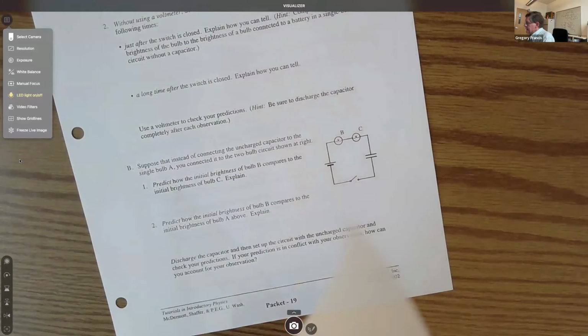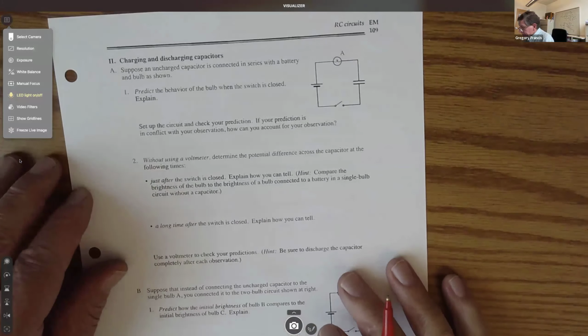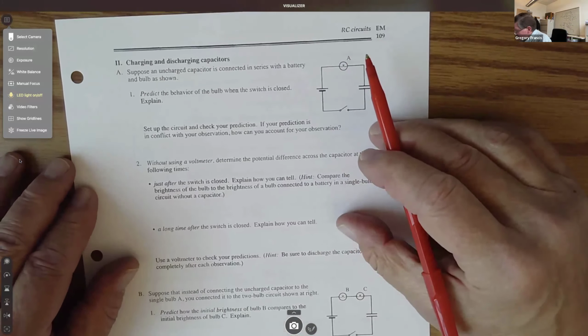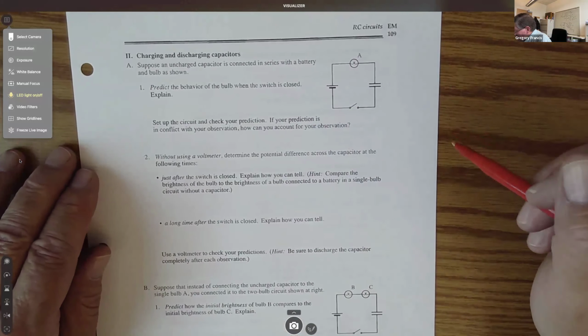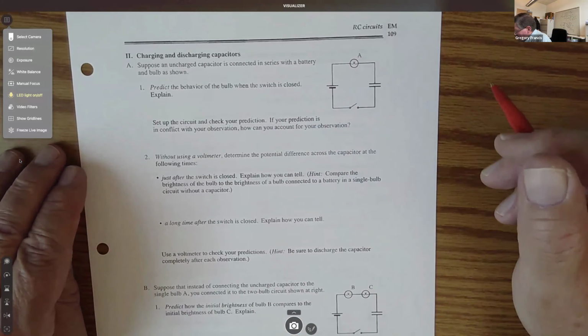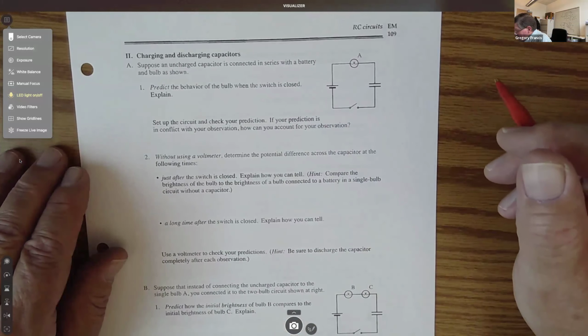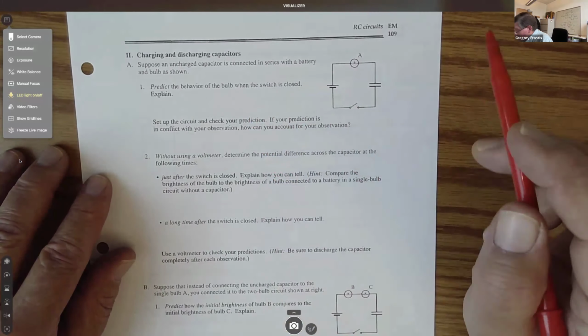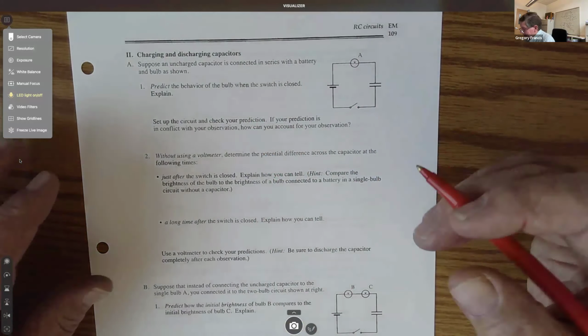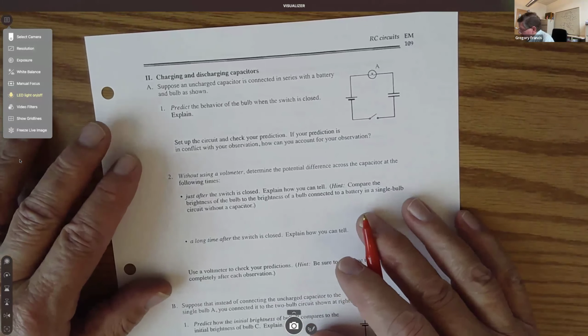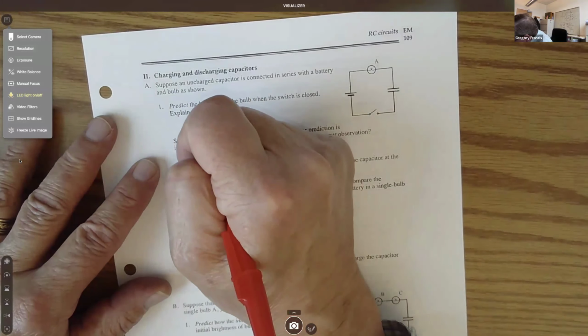Okay, now charging and discharging capacitors. Suppose an uncharged capacitor is connected in series with a battery and bulb as shown. Predict the behavior of the bulb when the switch is closed. Well, we've seen this in class, okay? Spoiler alert.